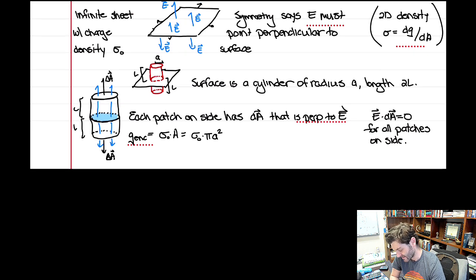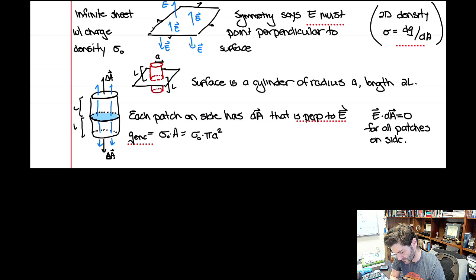You might wonder, well, this a was kind of arbitrary, because we just randomly imagined a cylinder that had a length L and a radius a, but are those variables going to play a role in any way? Well, let's see. Now by Gauss's law, I'm trying to go to the next page.